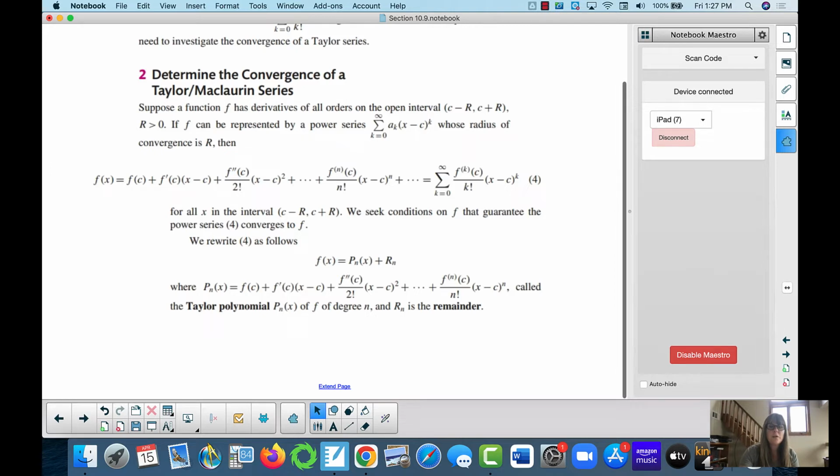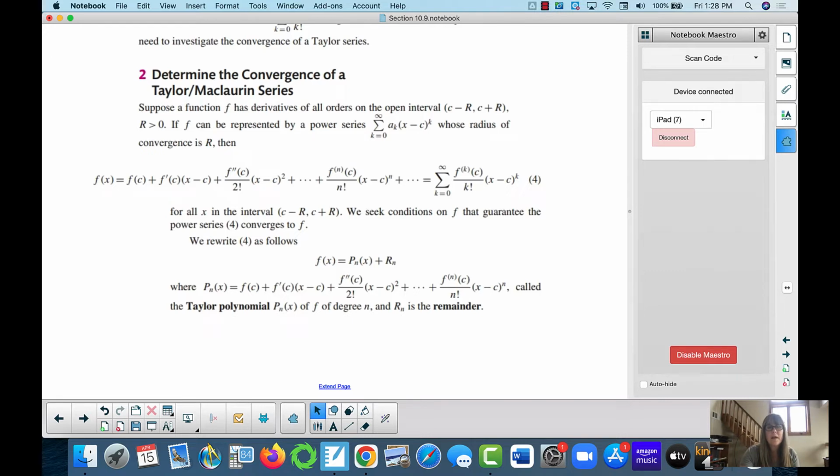And so what we do is we rewrite that function this way. And we have to show that the limit as n approaches infinity of r to the n, this remainder here, is 0. And then that shows us that that f of x will converge to that particular function. So this is our e to the x function.